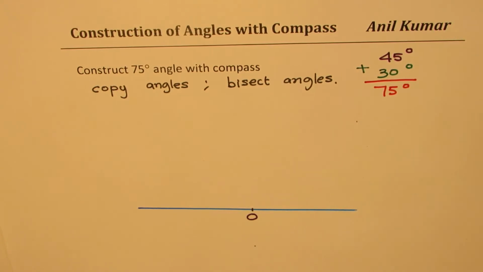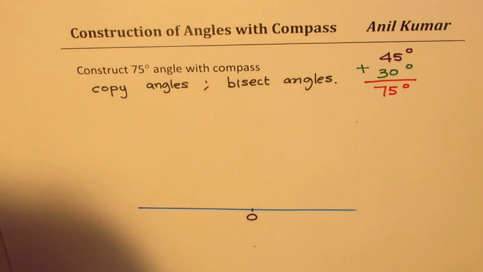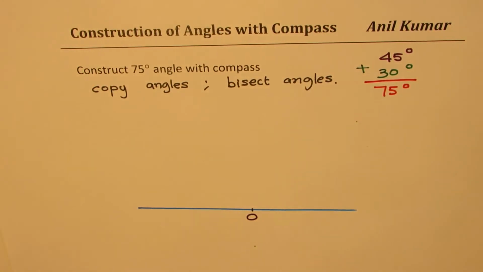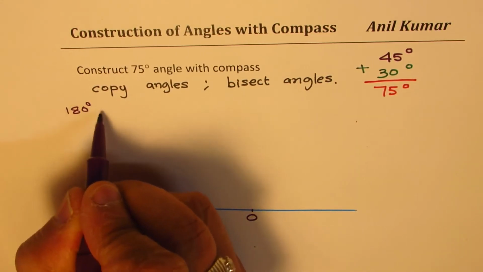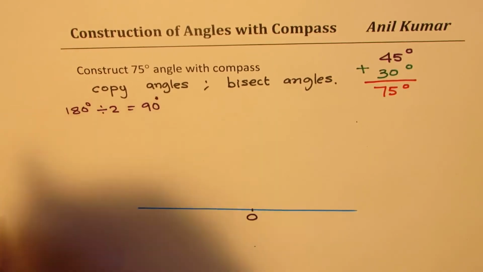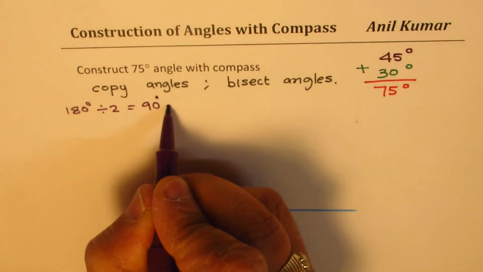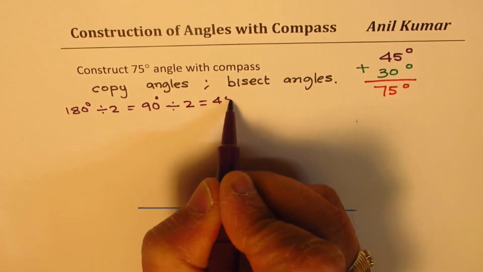Now how do I make 45 degrees? To make 45 degrees, the strategy is going to be, we'll take 180 degrees, divide it into two equal parts to get 90 degrees, right? And then again we'll divide this into two equal parts to get 45 degrees.